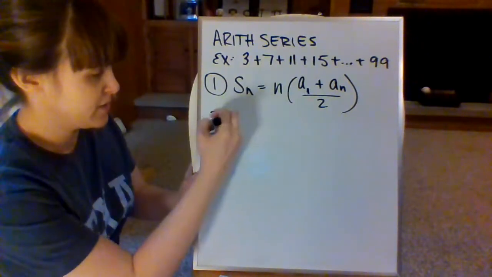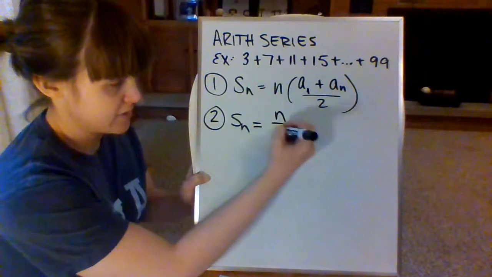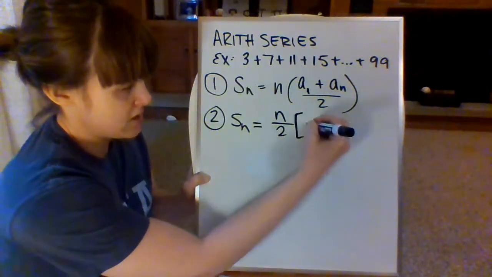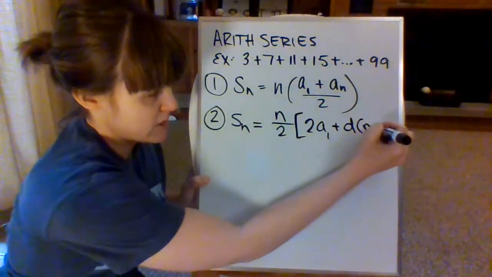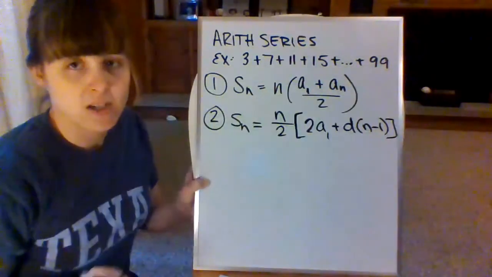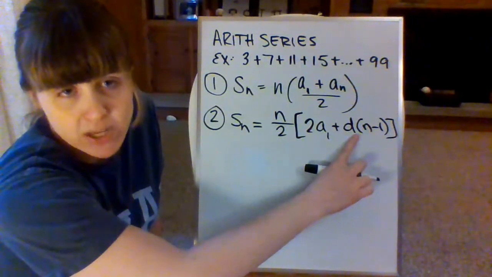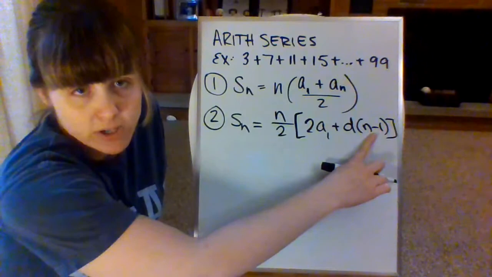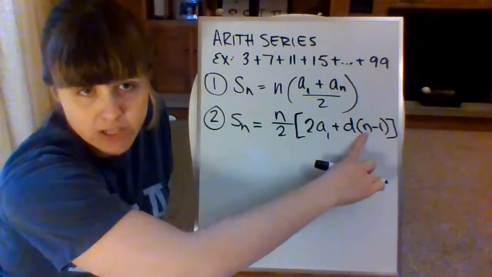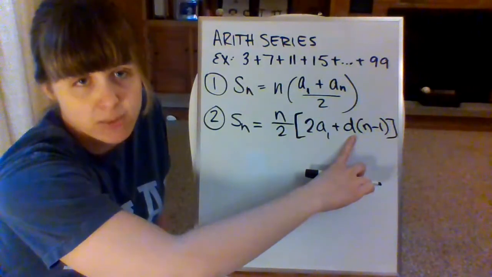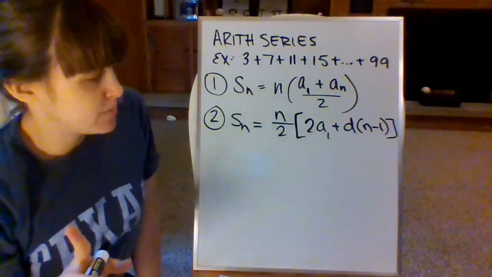Okay, second formula: the sum equals n divided by 2 times 2 times a1 plus the difference times n minus 1. Now, on your notes, this formula looks slightly different because the d is behind this quantity n minus 1, but it really is just telling you that you're doing n minus 1 and then times the common difference. Okay, so that's what that's about.